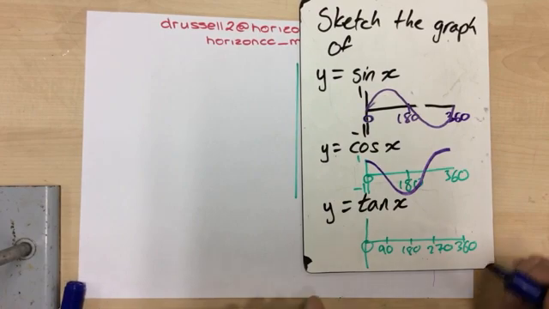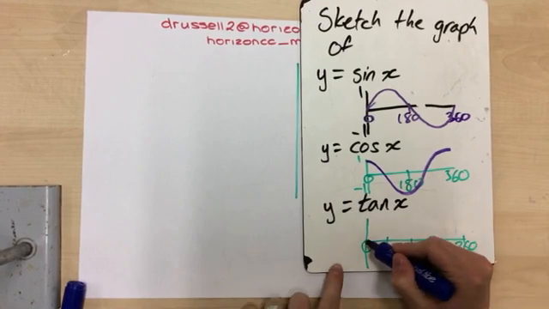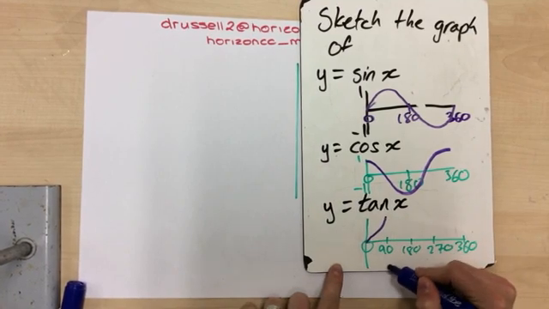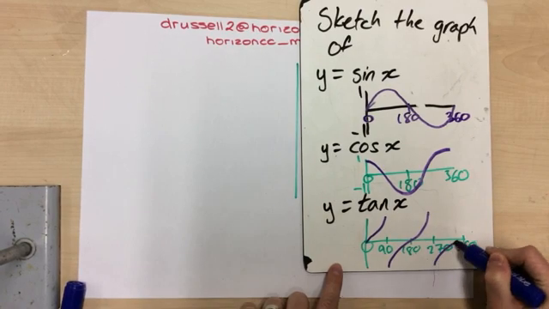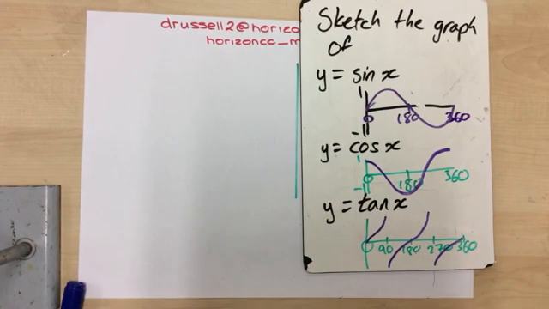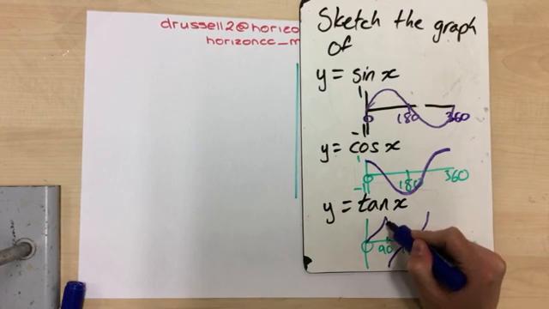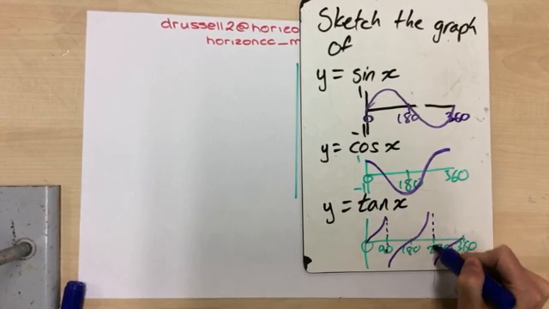However, it will not touch anywhere at 90, so it will go up like this. If you try to put shift tan of 90 into your calculators, you'll see it says math error. That's because at no point does it touch that 90 degrees, that 270, etc.